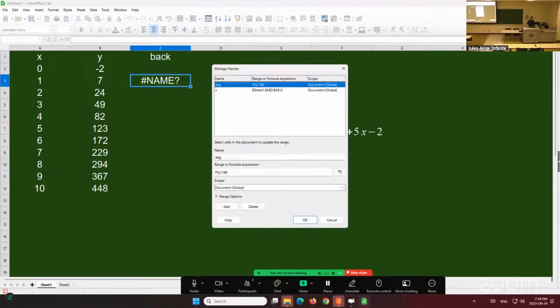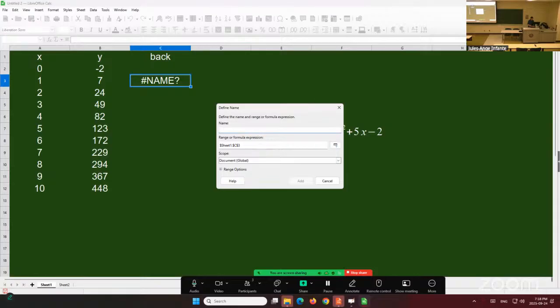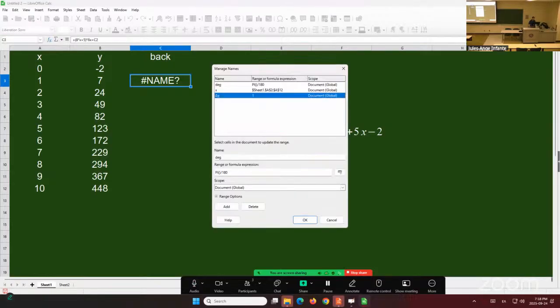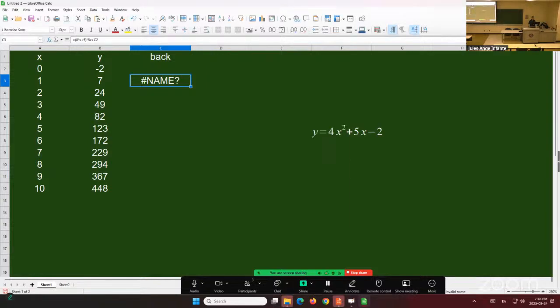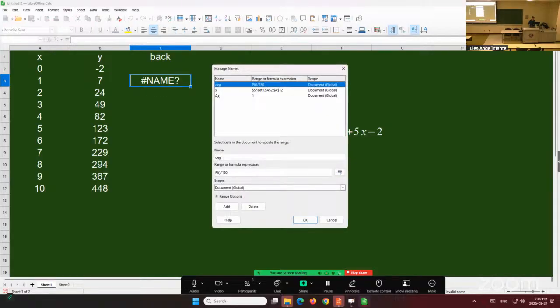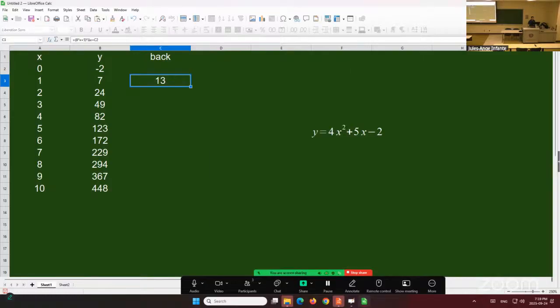And we have not defined delta x. I'm just going to define it now. Delta x is 1. There you go.